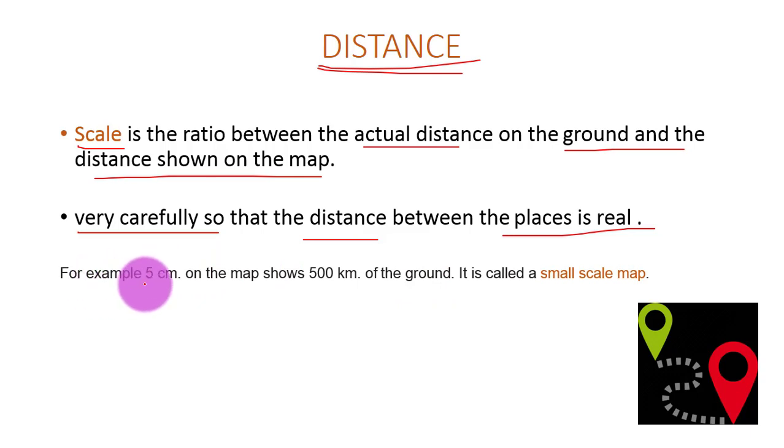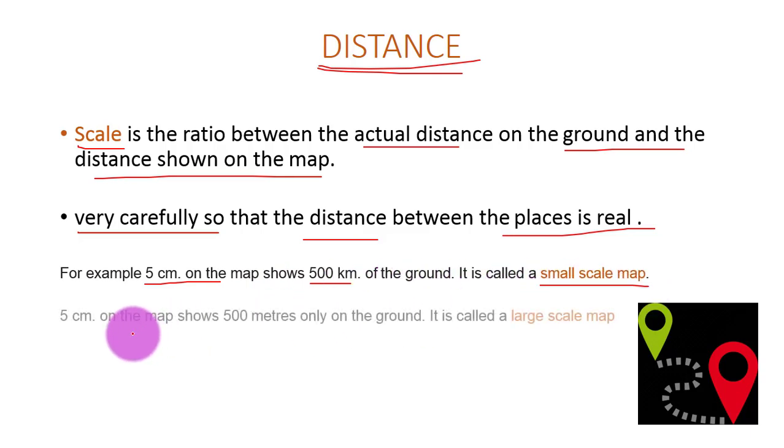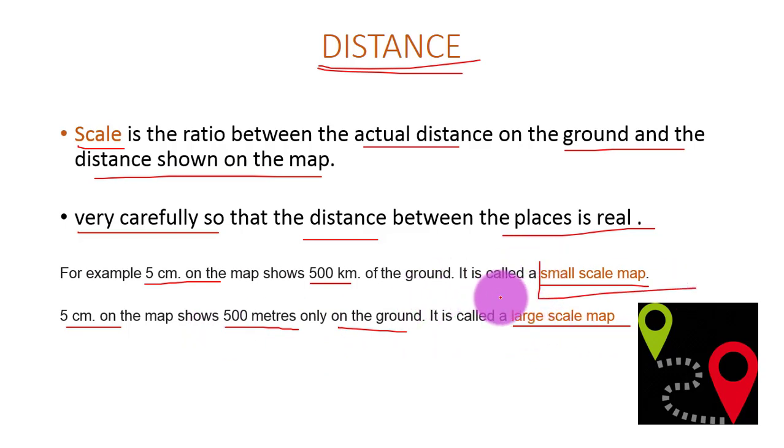For example, 5 cm on a map shows 500 km, that's called a small scale map, and 5 cm on the map shows 500 meters only on the ground, that's called a large scale map. Remember this small scale map and large scale map. 5 cm representing 500 km is small scale, and 5 cm representing 500 meters is called large scale map.